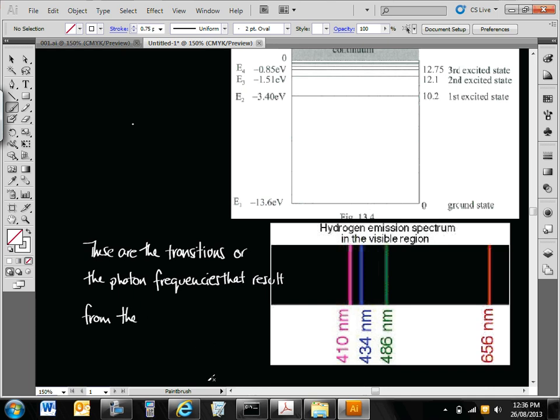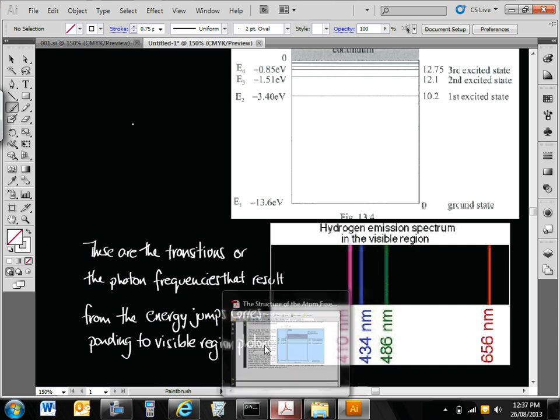I haven't written this very well. These are the transitions or the photon frequencies that result from the energy jumps corresponding to visible region photons. I know it doesn't sound great, but there it is.